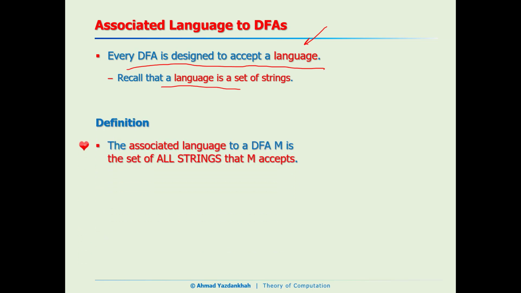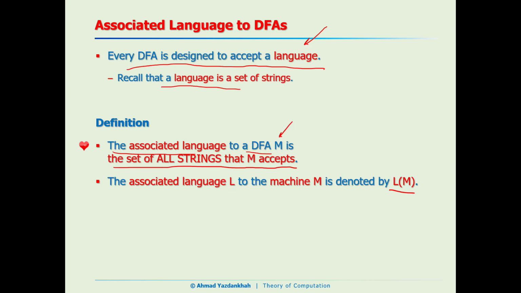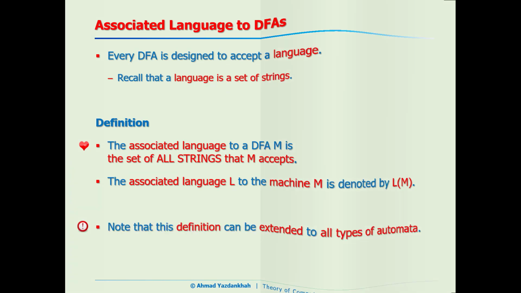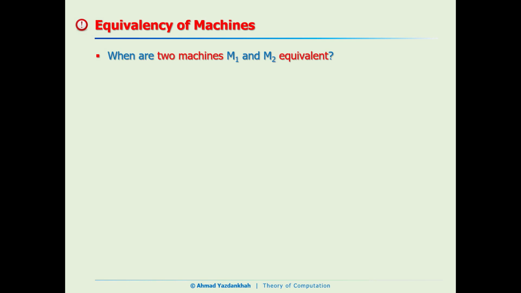So here is how we define the associated language to a DFA. Let's call the machine M, for example. The language is the set of all strings that M accepts. And we denote that with L of M, so the language of this machine. All right. And we can actually extend this definition to every other machine that we will learn later. Another question is equivalency of machines.